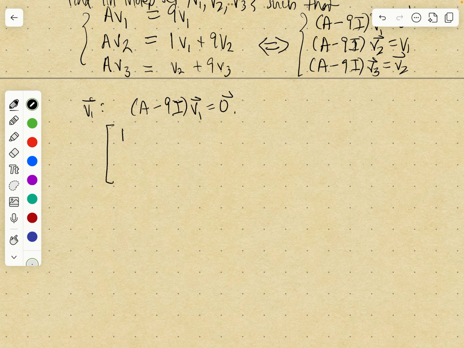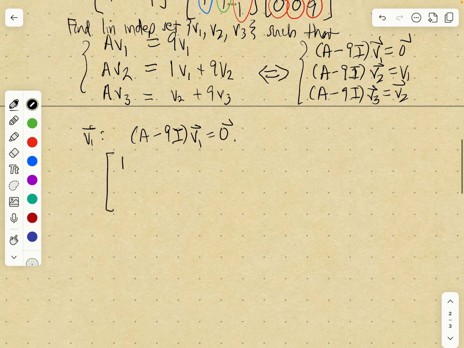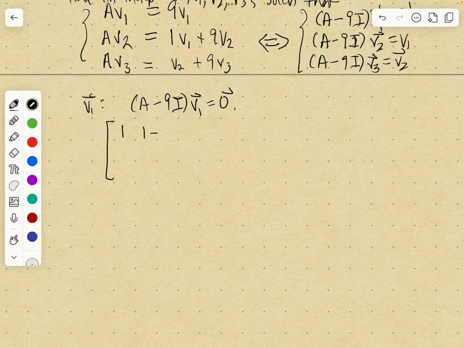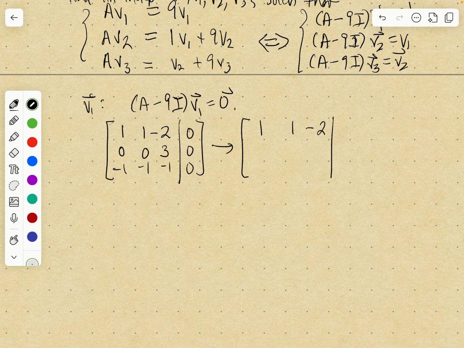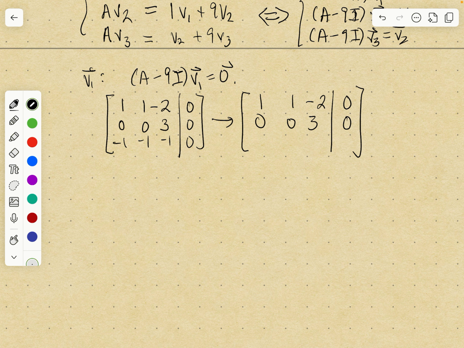So A minus 9I we found above, and we just set up the augmented matrix, and we do the Gaussian elimination. We want to put this into row echelon form. The second row is okay, and then the third row we need to replace with row 1 plus row 3.